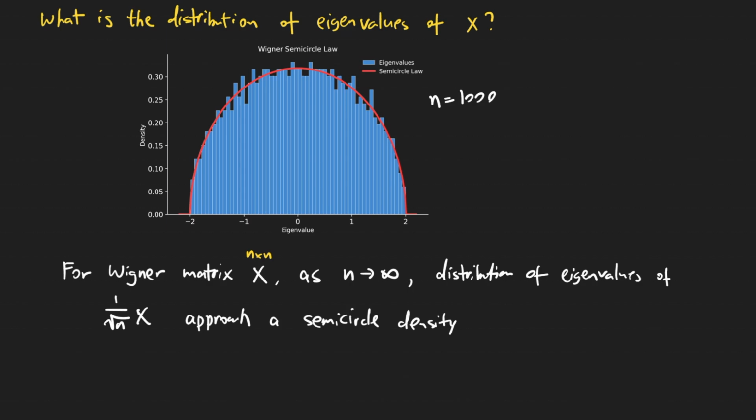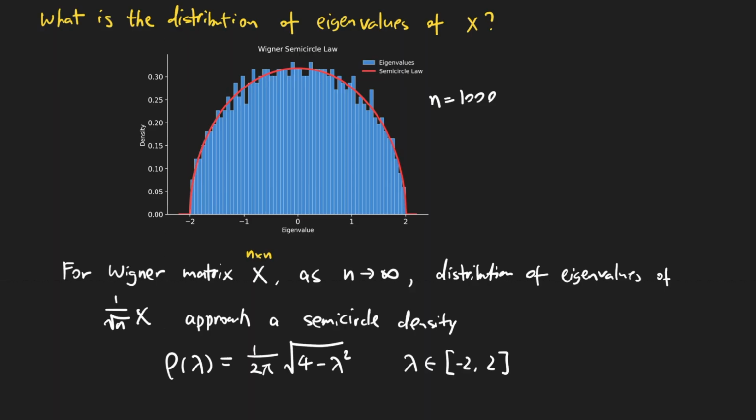That is given by the equation rho of lambda equals 1 over 2 pi times the square root of 4 minus lambda squared, where lambda is a variable between minus 2 and 2. So this is the statement of the theorem.